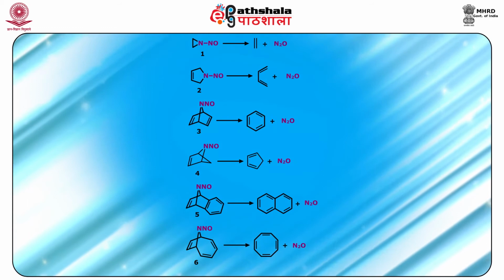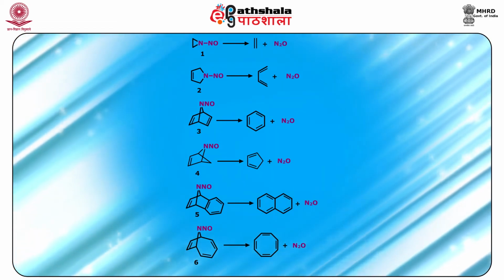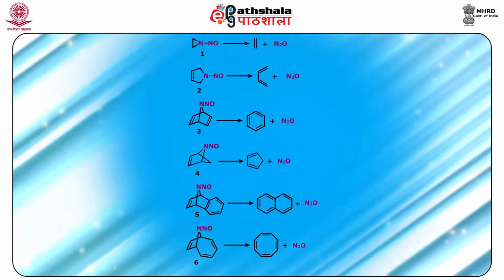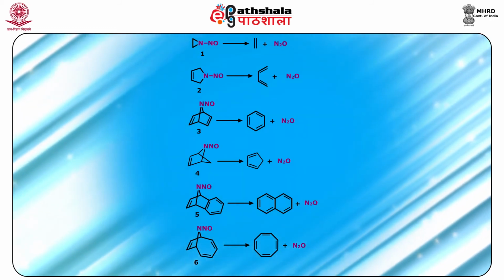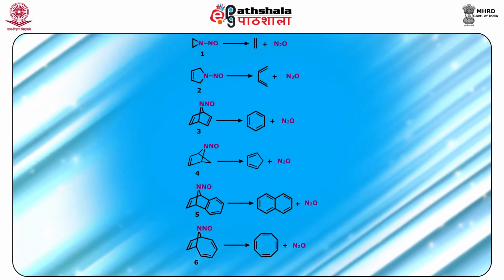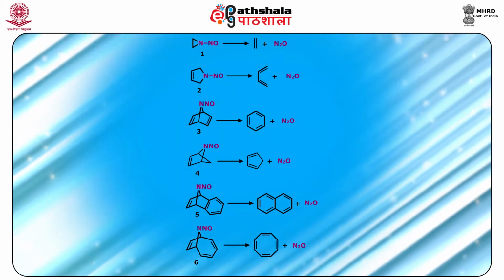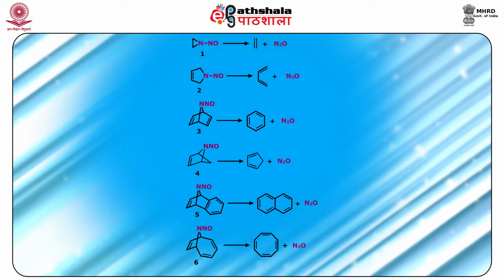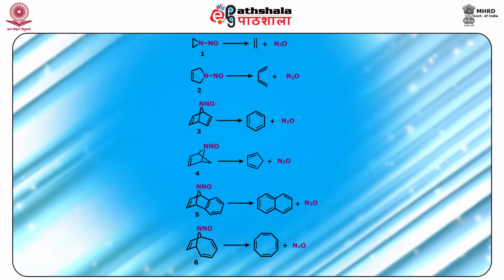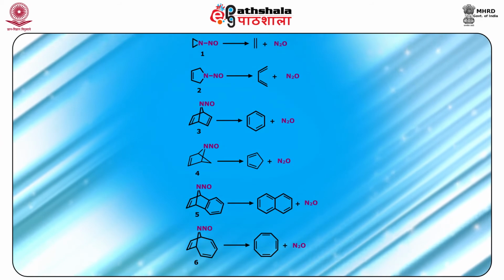Rapid decomposition was observed only for nitrosoaziridine 1 and compound 5, at a temperature below 0 degrees centigrade and at 45 degrees Celsius respectively. It was shown that ring strain is the critical factor for the cheletropic decomposition of cyclic nitrosamines.